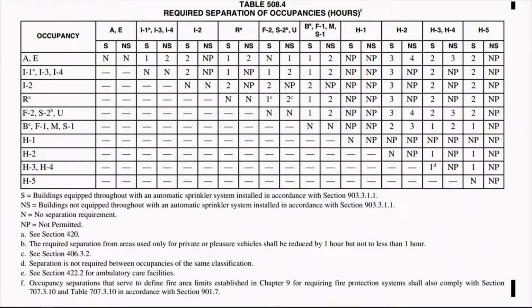Now, if in fact the inspections department no longer intends to assert that footnote B for table 508.4 creates a separation requirement between group U and group S2 occupancies, I will not argue that aspect of our appeal today, but I would ask that this board does provide its determination in this matter by confirming that table 508.4 specifies no separation requirement between group U and group S2 occupancies, and that footnote B does not apply when there is not a required separation.